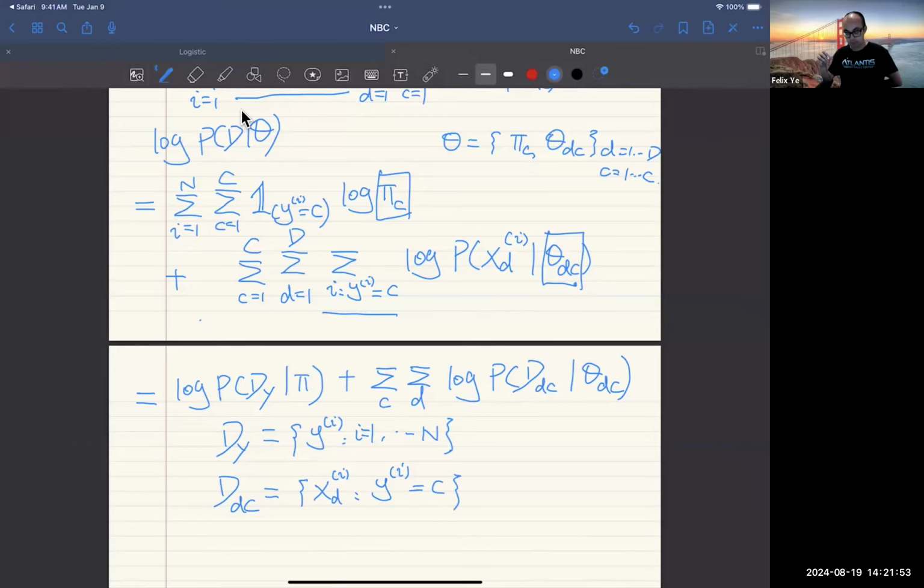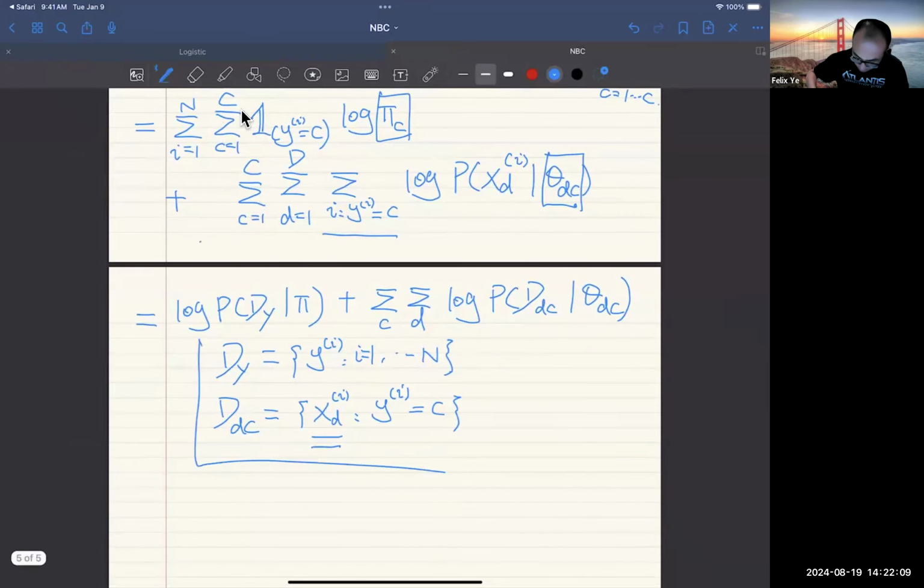So I'm interested in my corresponding feature x_d and also y_i equal to c: all the values of feature d for the examples from class c. You can write everything separately because, conditional on y equal to c, all these features are independent, so we can consider them completely separately.